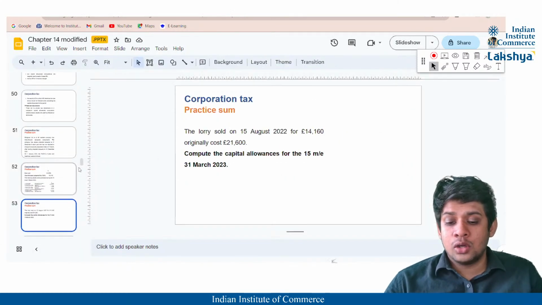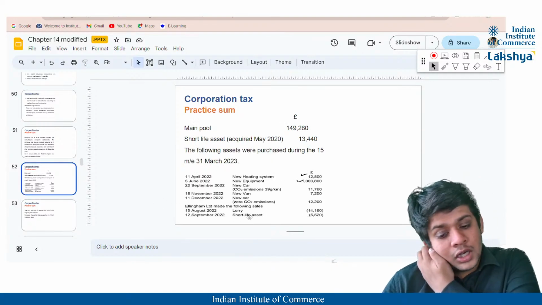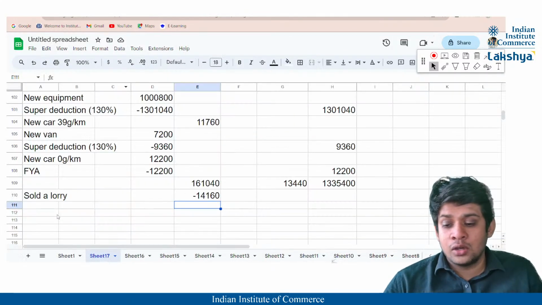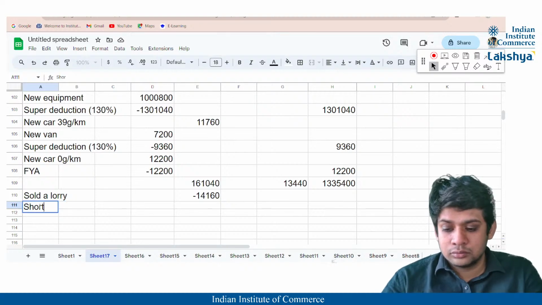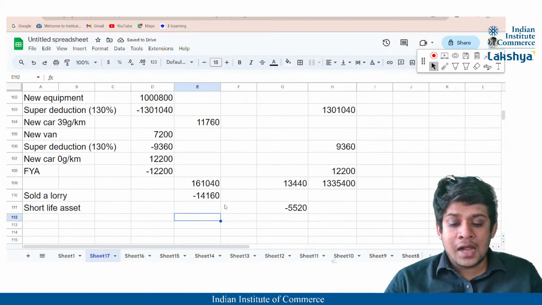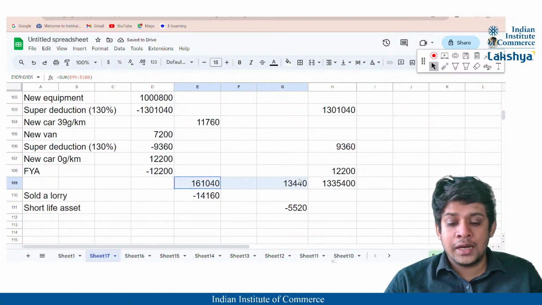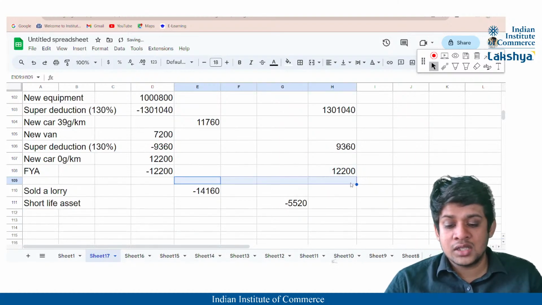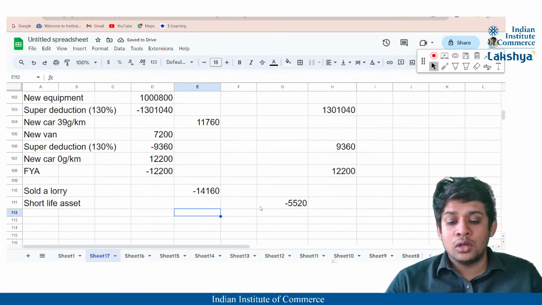Then I also sold a short life asset for 5520. So actually, I should not have taken the total here directly. I'll just delete this here. So I sold all this.